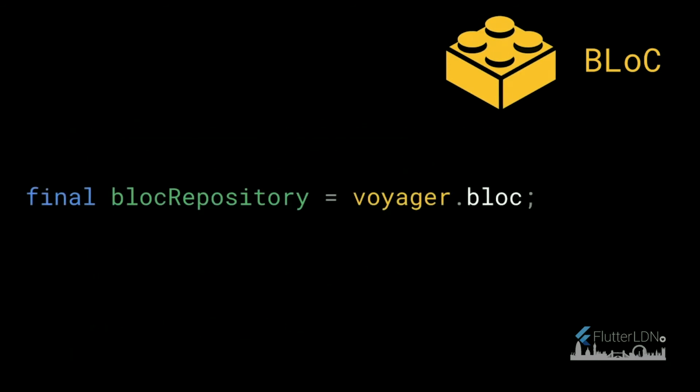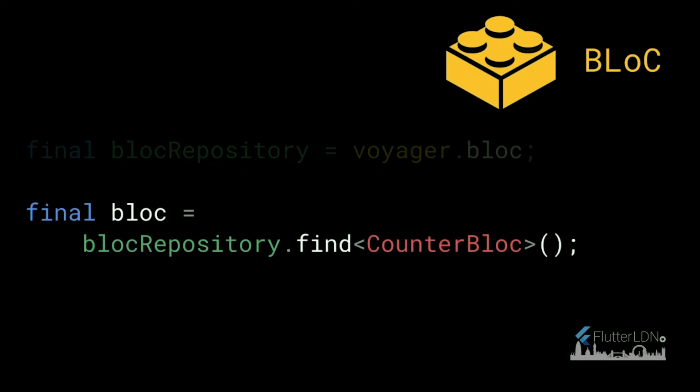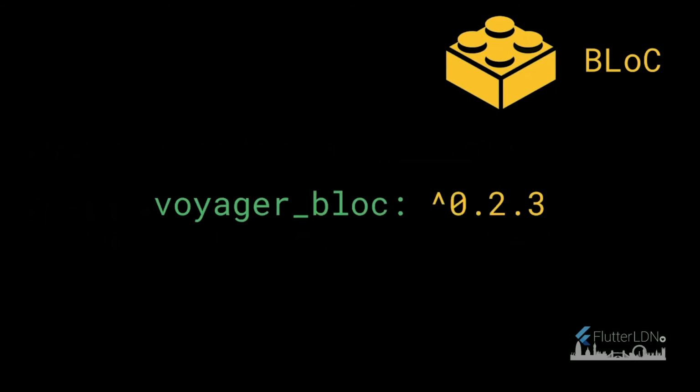On the widget side, you have the bloc field, which returns a bloc repository, which contains all the blocs, and so you can find any bloc by type. Yeah, and this is available also as an add-on package.